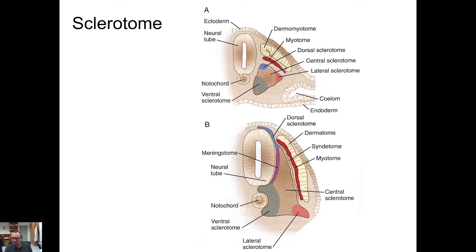This mesenchyme can then transform into bone or into cartilage. It would be quite simple if we said that each pair of somites gives rise to one vertebra. It would be fine, but it doesn't work so simply.